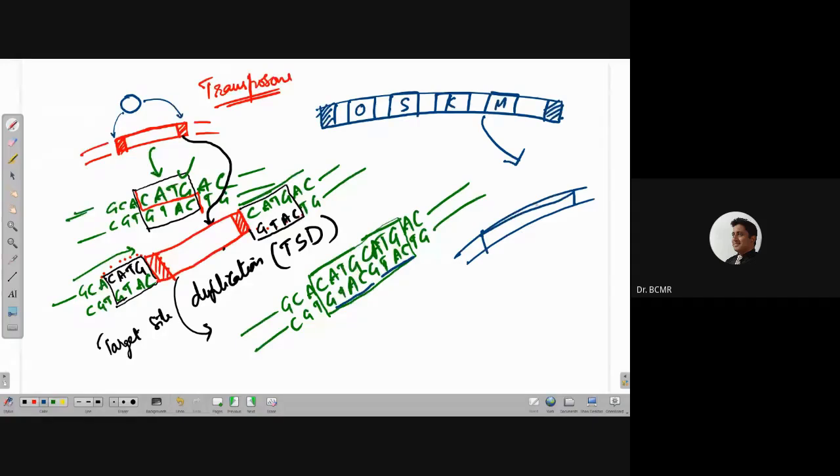After reprogramming, I can try to remove this transposon. Now, if I use such a strategy, what is going to happen to the target site? TSD is going to happen, that is target site duplication. That's why the ordinary transposons that we know of are not very useful, because even at the smallest scale, they are going to make a change in the target site, which might sometimes be drastic and cause problems with the cell.